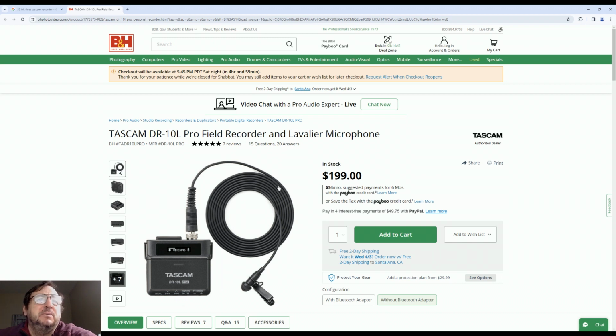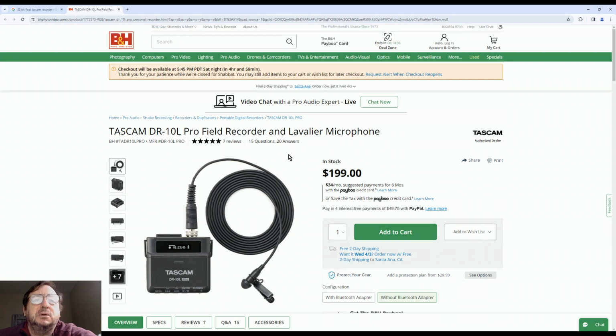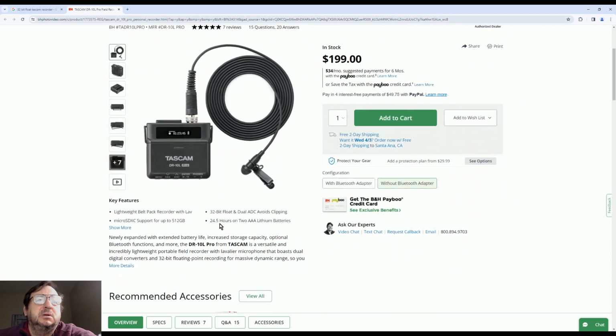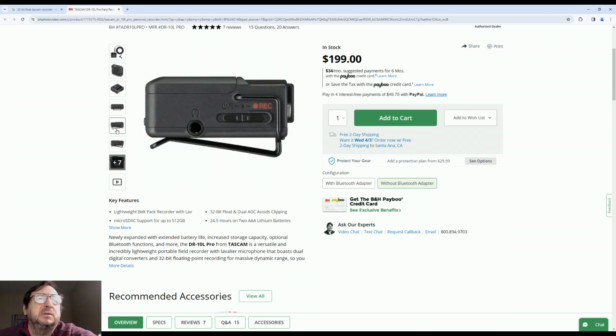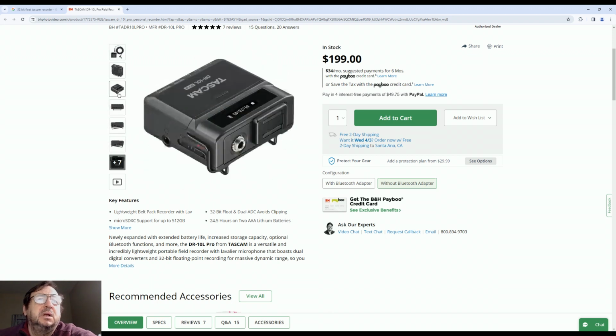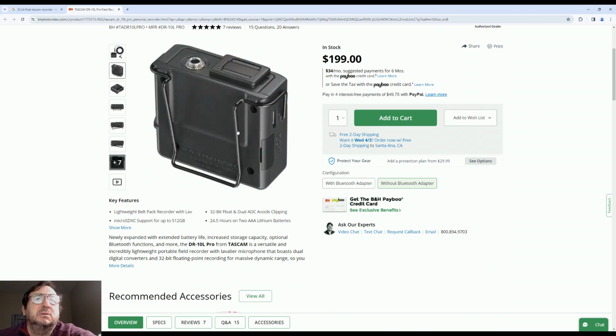So anyway, if you want to do that, suppose this one recorder, this is 32 float bit, okay? So basically you have a microphone. This one is on a belt, kind of like a belt clip, and you record this on this recorder. It should be an SD card, micro SDXC.